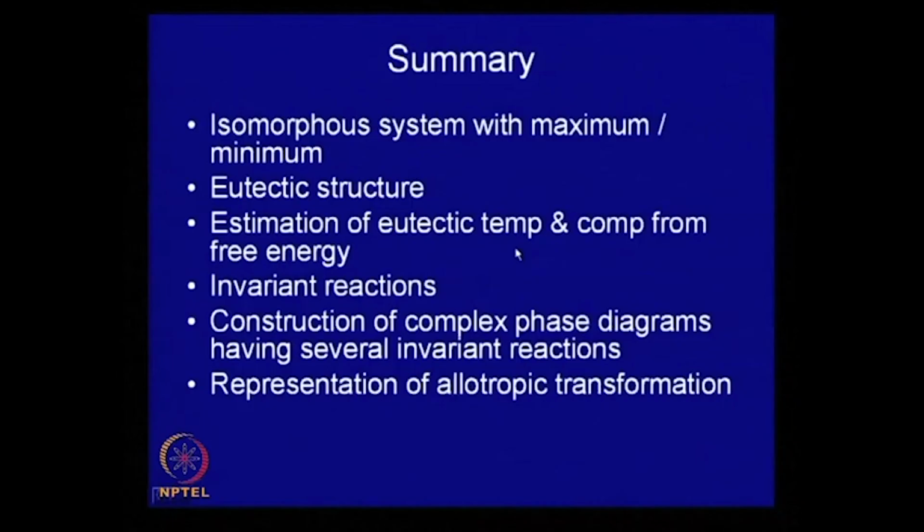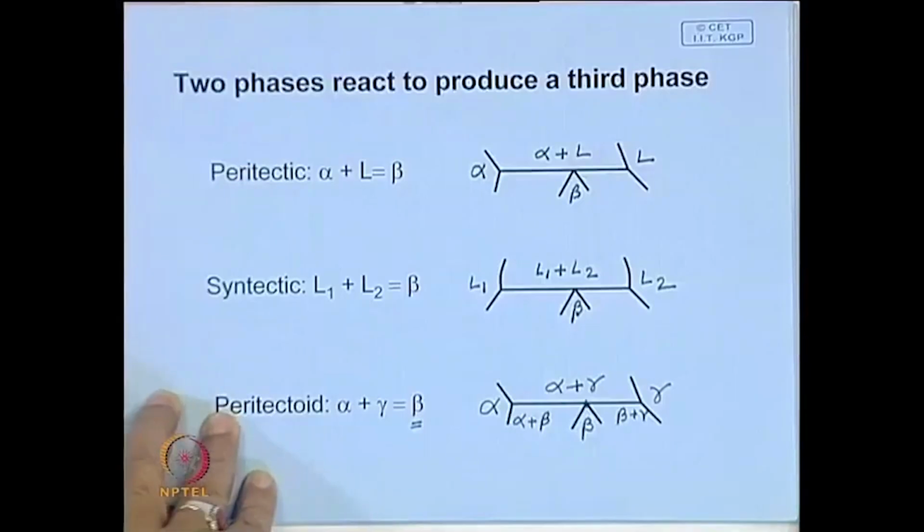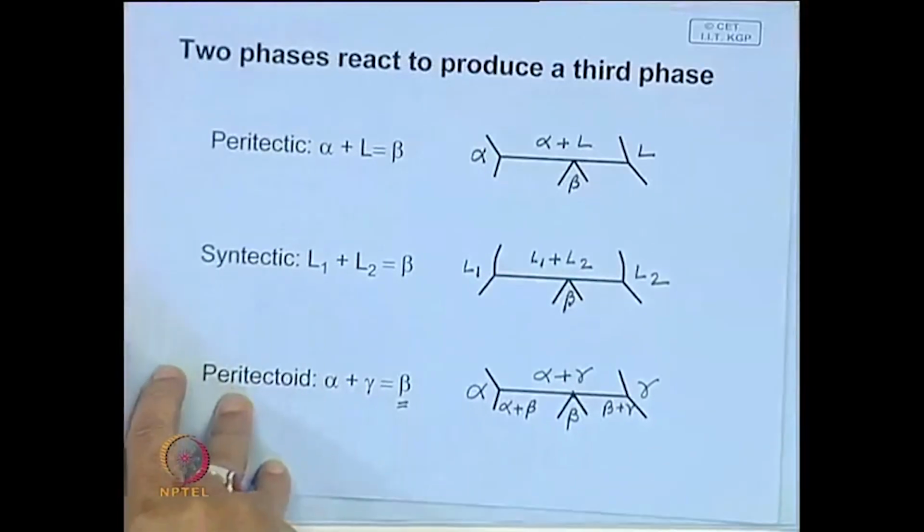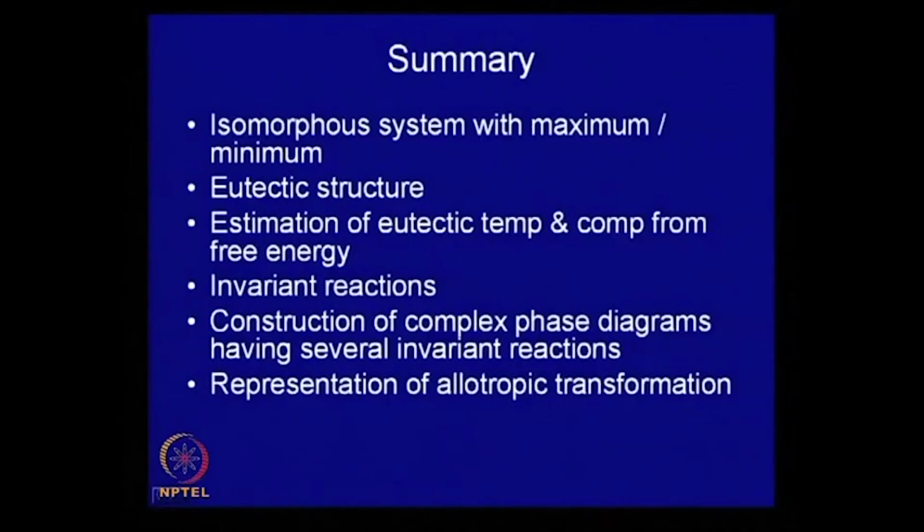Now, for most of these diagrams of a binary system, you may wonder how they are determined, and we learnt about this in our initial classes under experimental techniques. There we talked about thermal analysis in detail, and thermal analysis provides the basic primary tool for evaluation of phase diagrams.